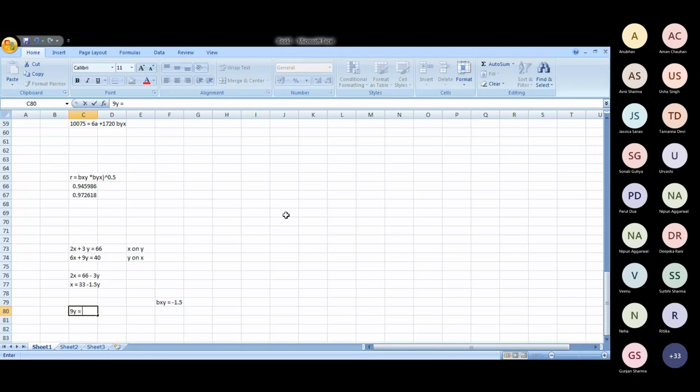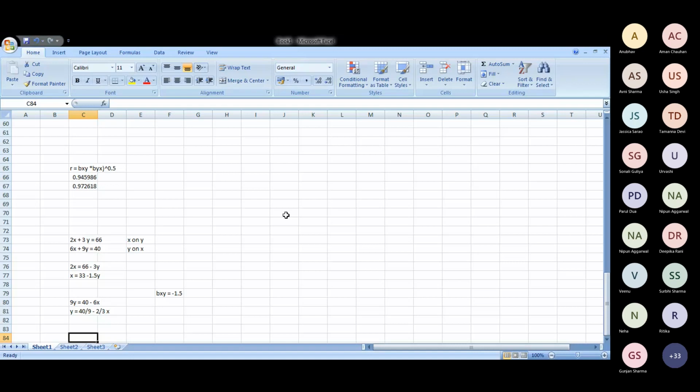So 9y is equal to 40 minus 6x, and y is equal to 40 by 9 minus 6 by 9 x. 6 by 9 means 2 by 3. So this becomes your y on x line. So byx becomes the coefficient of x. So byx is equal to minus 2 by 3, which is 0.667.